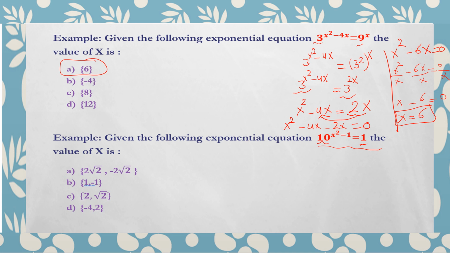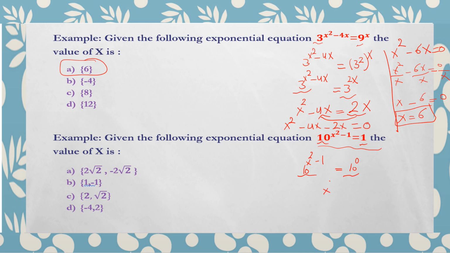For the left hand side, we have 10 to the power x squared minus 1. For the right hand side, 1 means 10 power 0, as any real number power 0 equals 1. So in this step, we have the same bases, 10 and 10, so we can equate the exponents.